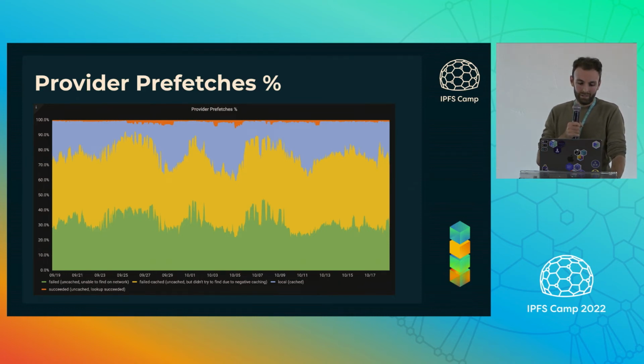So you mean between the green one at the bottom? Exactly. Right, so for the green one, the Hydras actually went ahead and tried to find it, but couldn't find it. For the yellow one, the Hydras just didn't even try because they tried previously. And for the blue ones, they had it. Okay, that part is clear. So one is a subset of the others. Yeah, exactly. Sorry, maybe that was unclear.